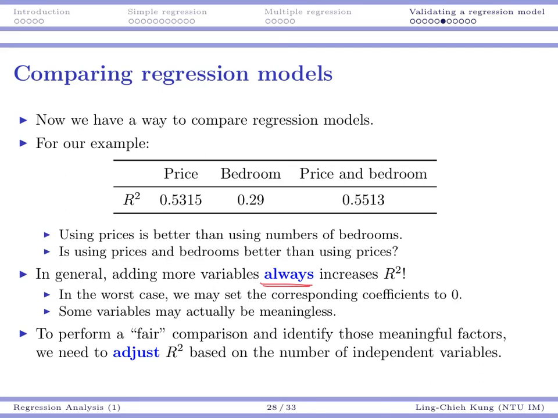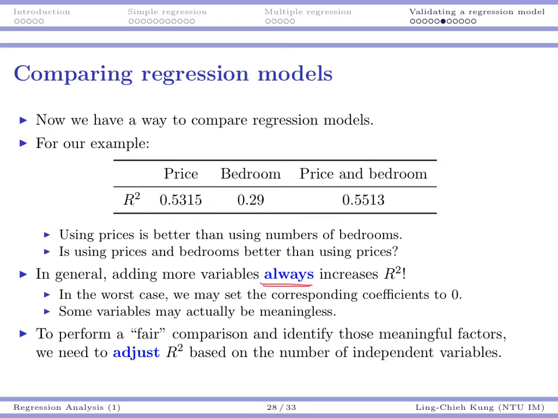So we need to perform a fair comparison, and the idea would be simple. If you need a lot of variables to have a slightly higher R squared, then it's not going to be better than using fewer variables to get roughly the same amount of R squared.